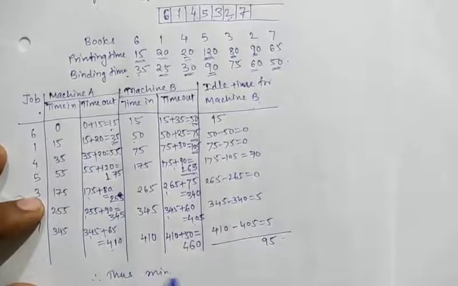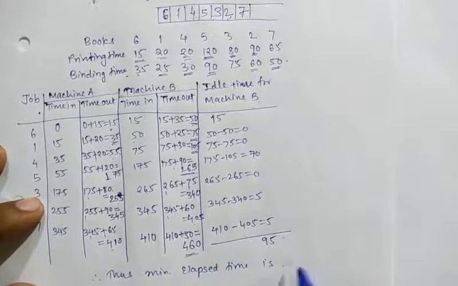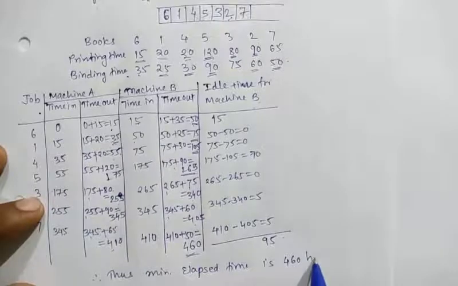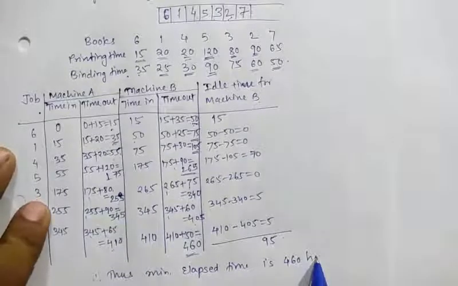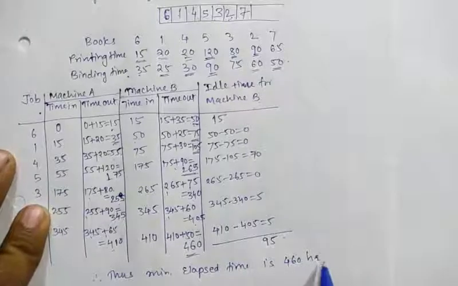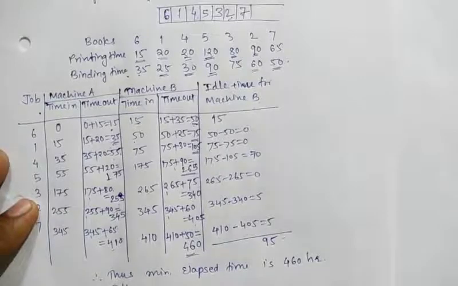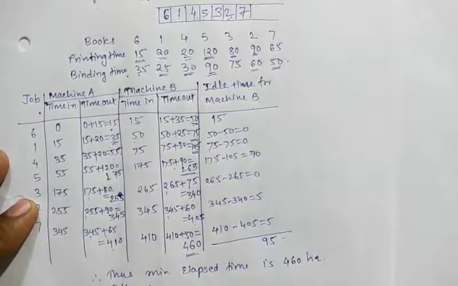Okay, so minimum total elapsed time is what we get, which is 460. So we get 460 hours. And next we find out idle time for machine M1.